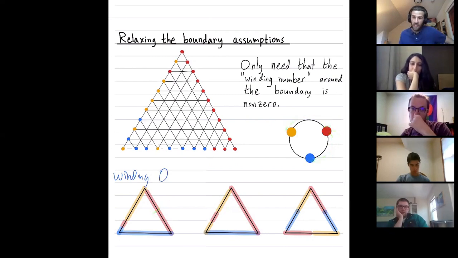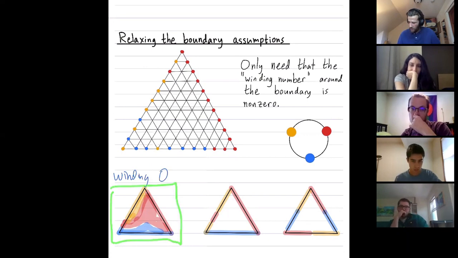So here, there might not be a rainbow colored triangle. Indeed, maybe the preferences happen to look something like this, where the red region is there, the orange region is here, and the blue region is there. You'll see that red splits blue from orange. So there's no rainbow colored triangle. But that's not a realistic room preference assignment.